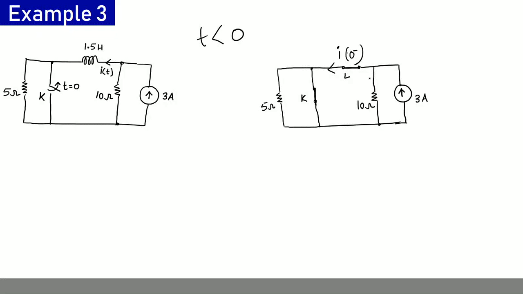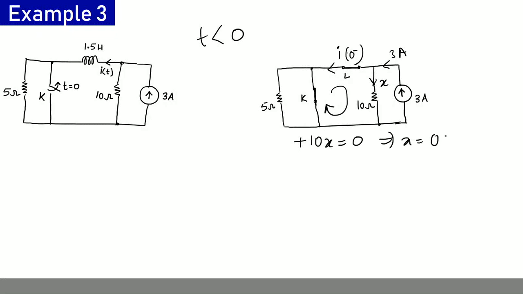If I assume this current to be x and this current is 3 amperes, I can apply KVL in this loop, and here I see that if I write the KVL equation, plus 10x comes out to be 0.